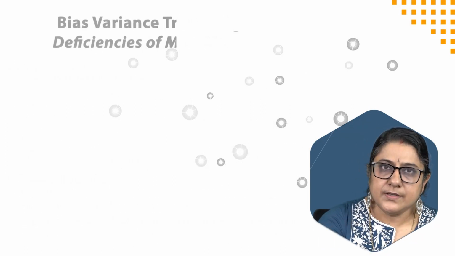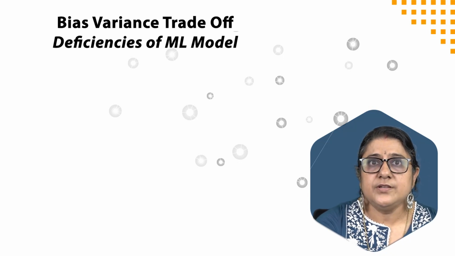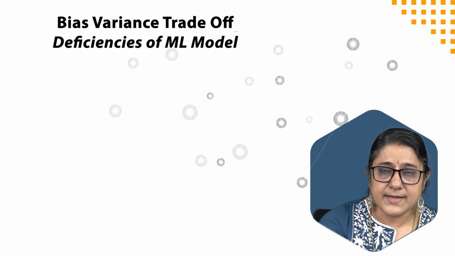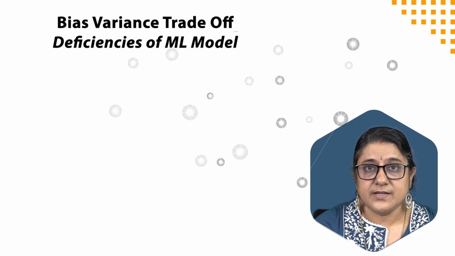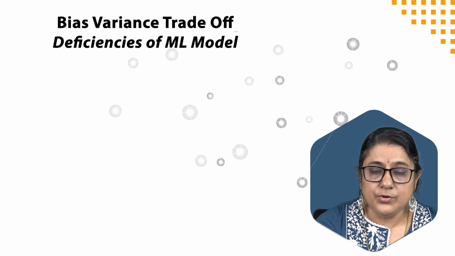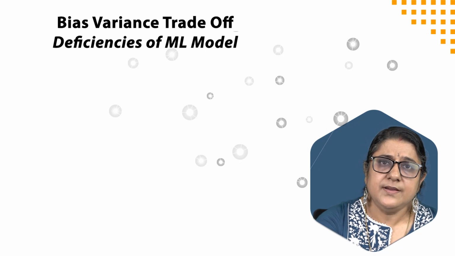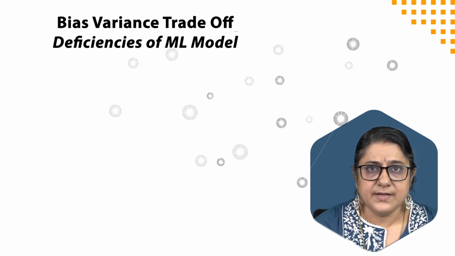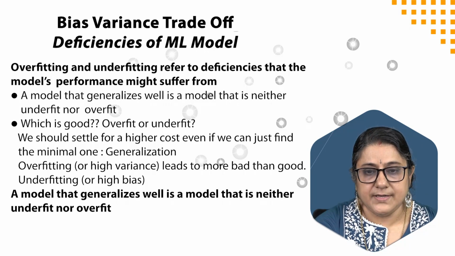A very important aspect is the bias variance trade-off, whether the model should have a high bias or a high variance. Though it is expected that both should be low, it is difficult to achieve low values for both bias and variance. When we have a high bias or a high variance, there are chances of overfitting or underfitting.